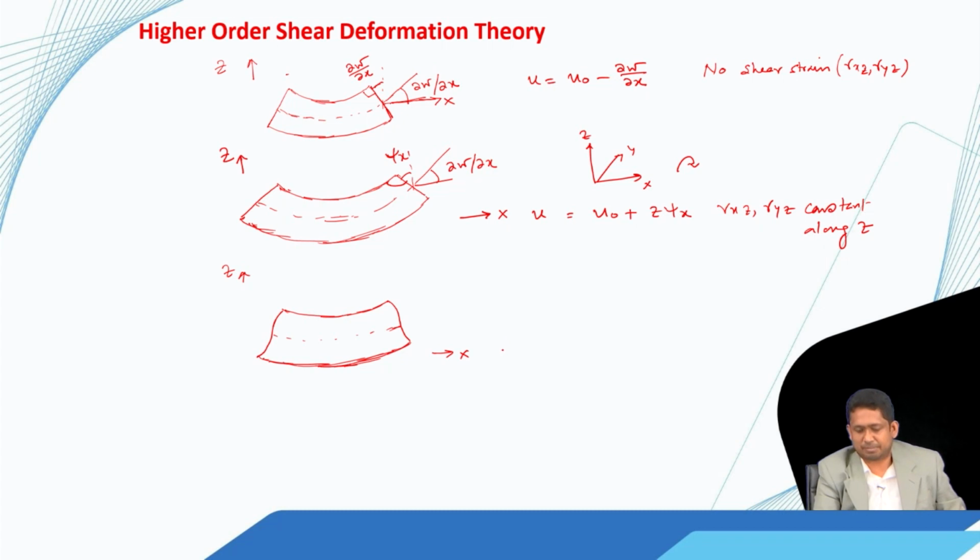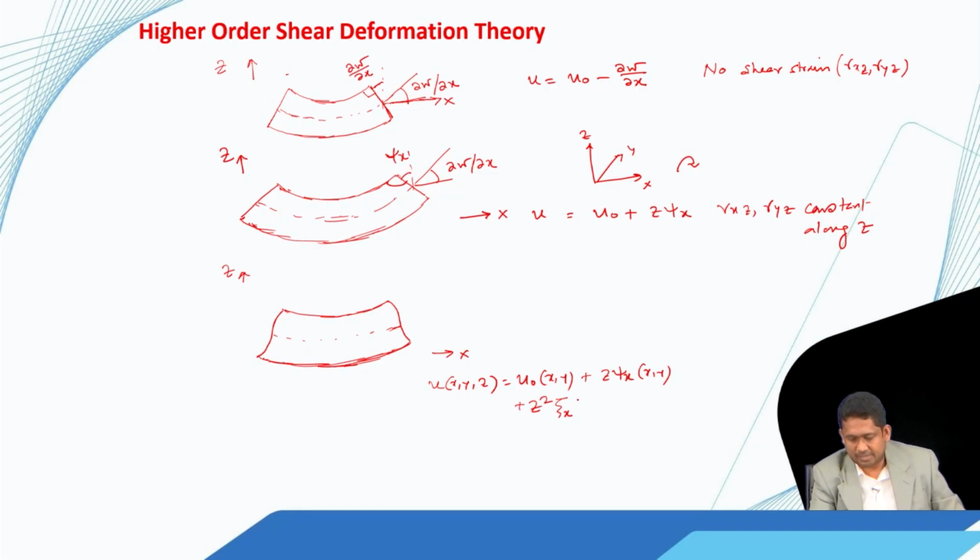In this case our assumption is u, a function of x, y, z, is equal to u0, a function of x, y, plus z into psi x, a function of x, y, plus we have two more terms: plus z square into xi x, which is a function of x, y, plus z cube multiplied by zeta x, which is a function of x, y.